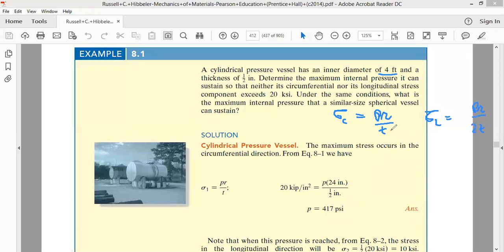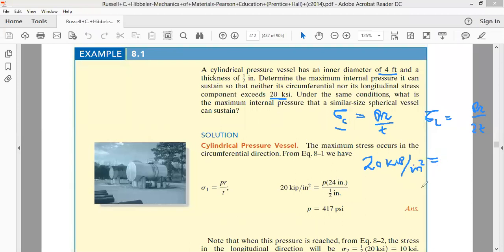Now we are given that neither sigma C nor sigma L should exceed 20 ksi. Ksi means kilopounds per square inch.